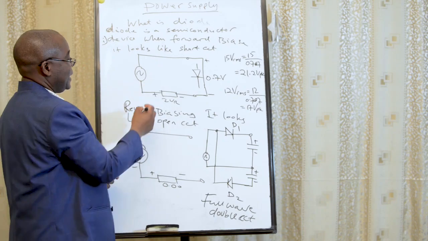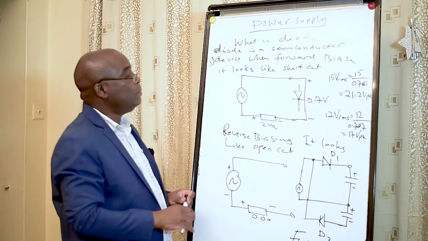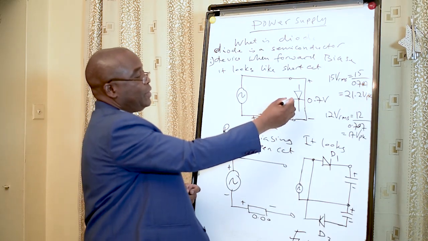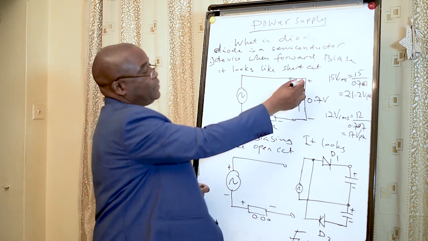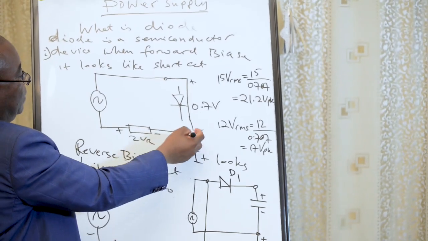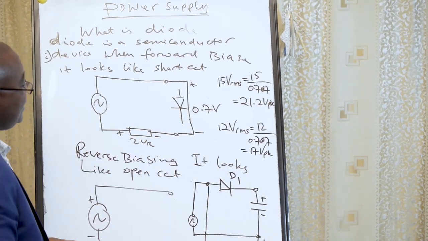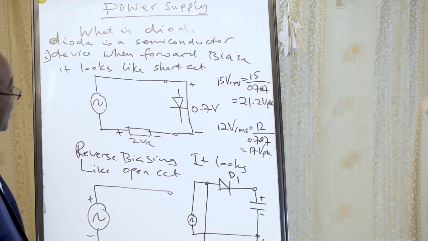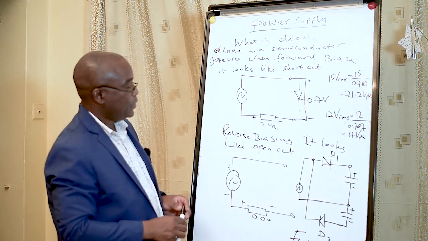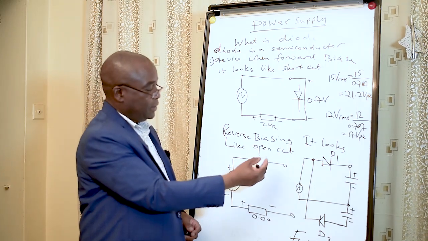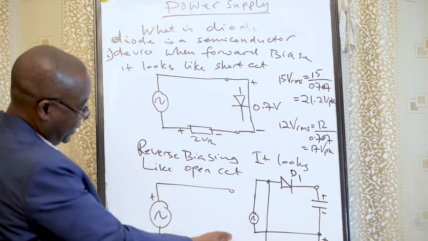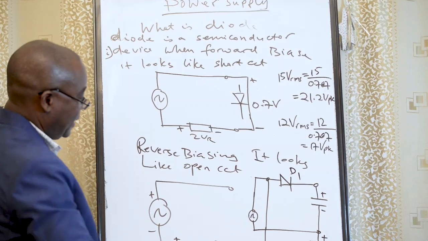It looks like a short circuit. So when we forward the diode, it looks like a short circuit. Then we'll have a drop of 0.7 volts. It's like a short circuit, and then it will conduct. But when it's reverse biased, it will be like an open circuit. You see, nothing will flow.